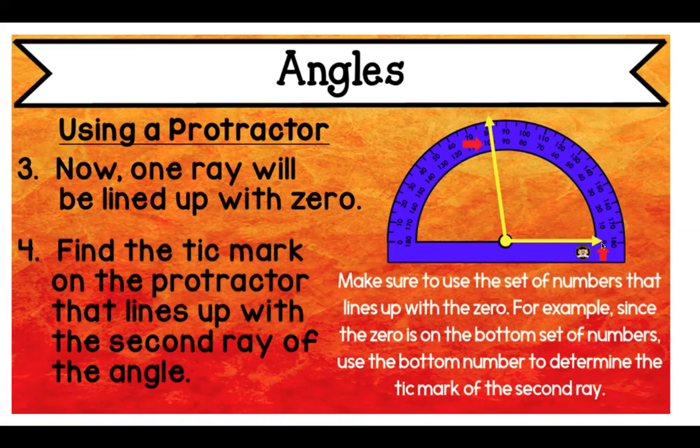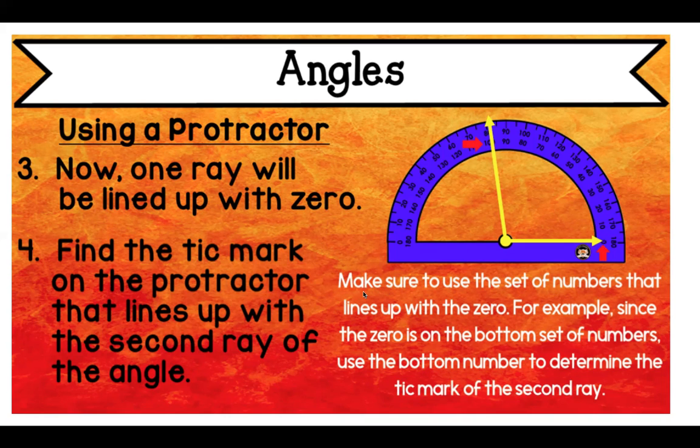See how on the protractor, on the very bottom, we see 0, but above that, there's the number 180 versus 170 and so on. That is because depending on what side the angle is, we'll use one side of the protractor or the other. So just make sure that you see that this ray is pointed to the right. You're going to start with the bottom set of numbers, okay?